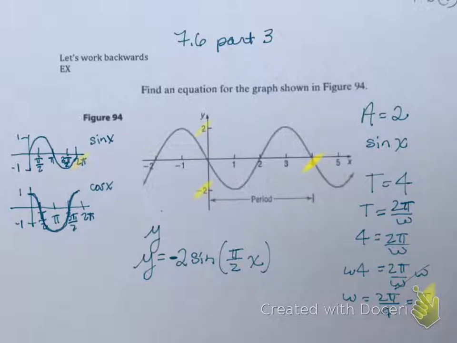The generic form is y equals a sine omega x. So I need to find those values. Once again, I looked at the graph to find a. I had to use the formula to find omega. And then I had to look at the function and compare it to my parent functions to figure out what function it is. Okay, I hope that helps you with the homework.